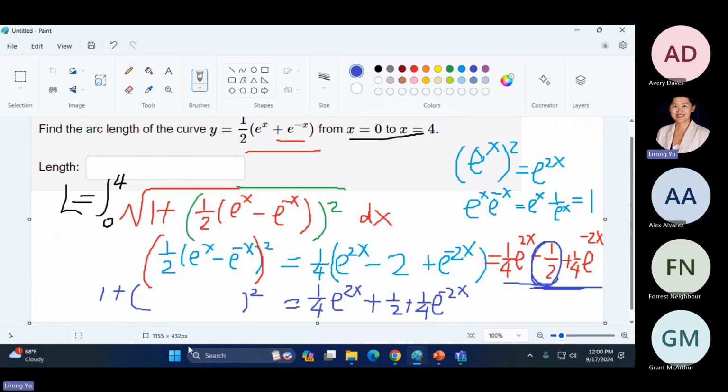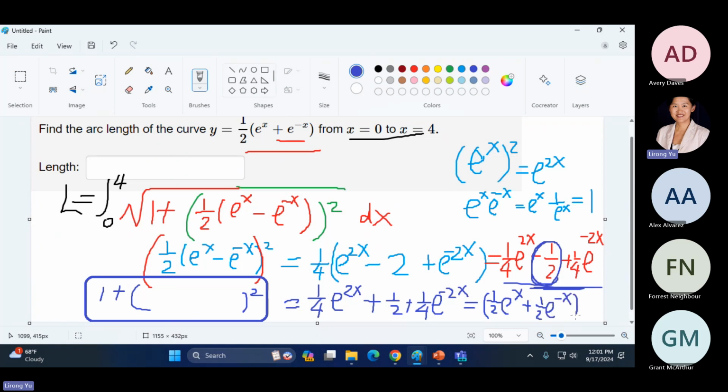So once you add a 1, the term ends up being equal to a perfect square, which is essentially equal to 1/2 of e to the x plus 1/2 of e to the negative x, squared.